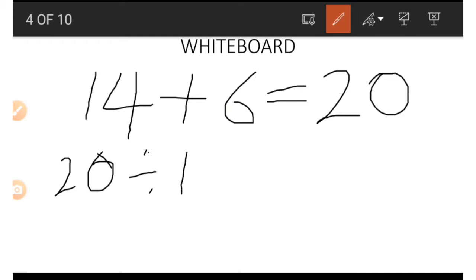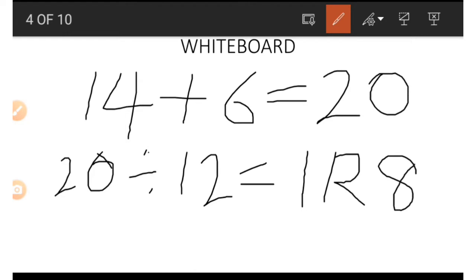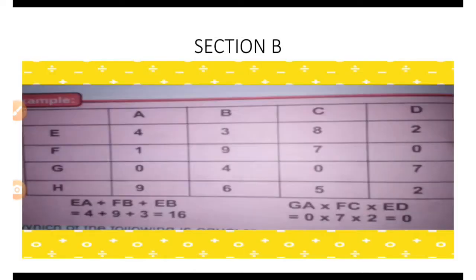So 20 divided by 12 gives us 1 remainder 8. So that is going to be 1 remainder 8, the answer to that third question.